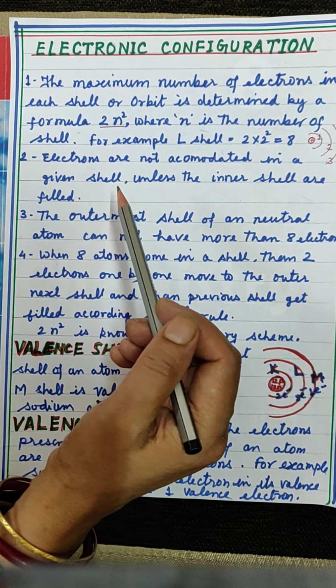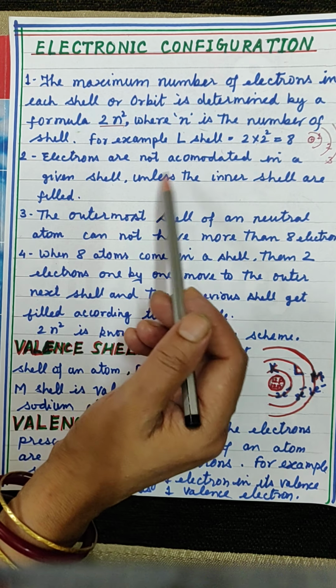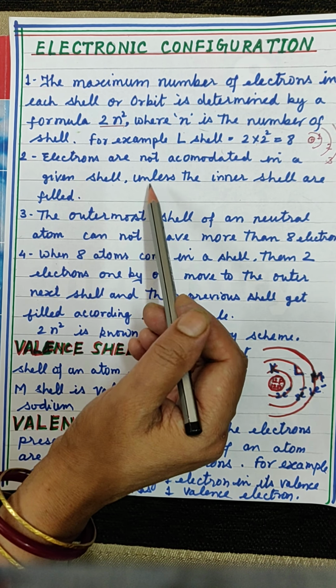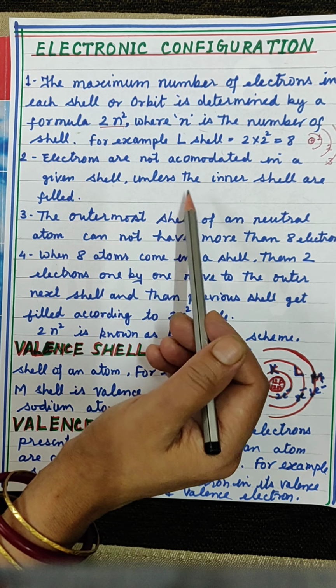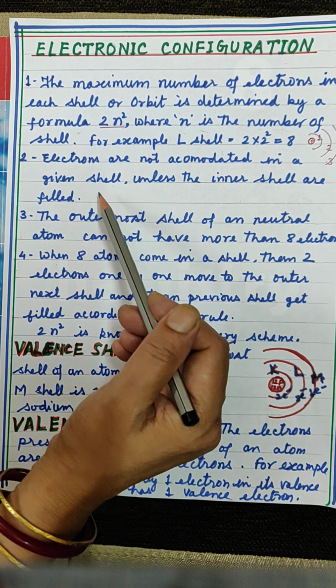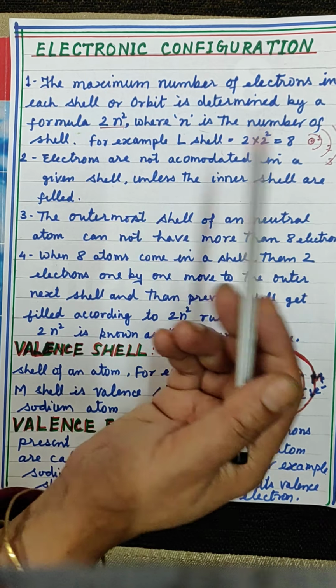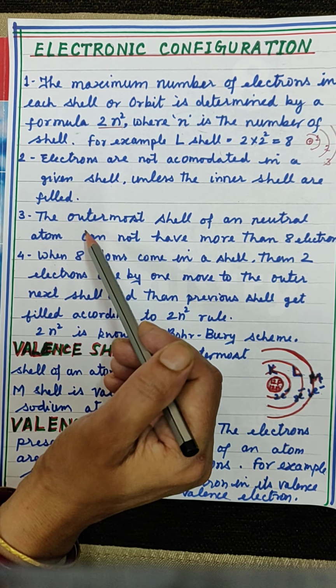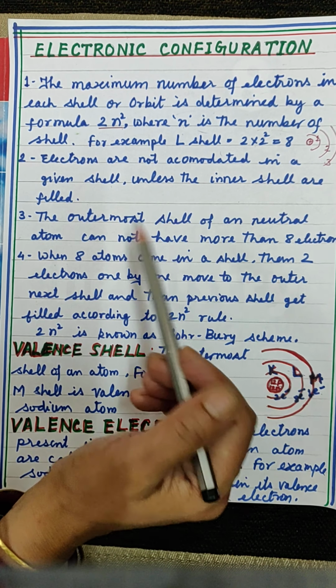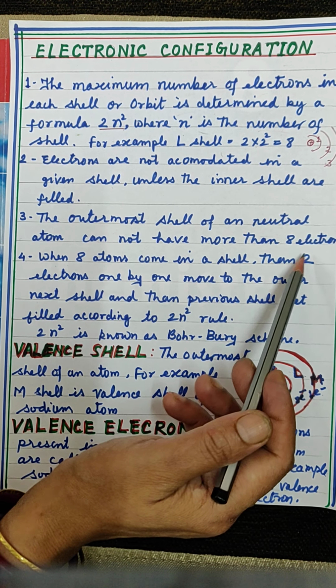The second rule says that electrons are not accommodated in the given shells anywhere. They are filled according to some system, and until the first shell is filled, electrons won't go to the next orbit or shell. The third rule says that the outermost shell of a neutral atom cannot have more than 8 electrons.